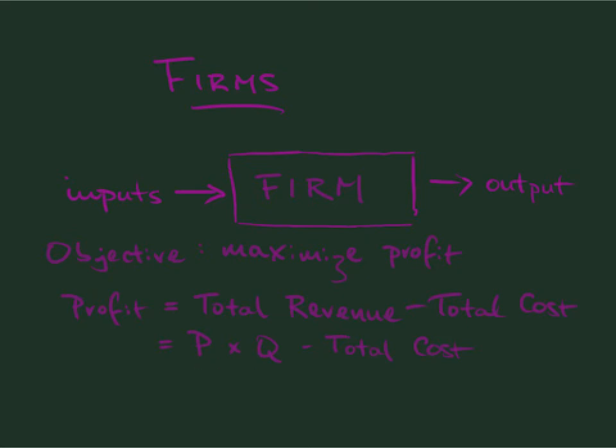So if the firm sells 1,000 widgets at $3 a piece, the total revenue that it receives is $3,000. And then the other part of this is minus total cost. I'll talk more about those costs in just a few minutes. Okay, so again, I want to emphasize the main goal of a firm is maximizing profit.